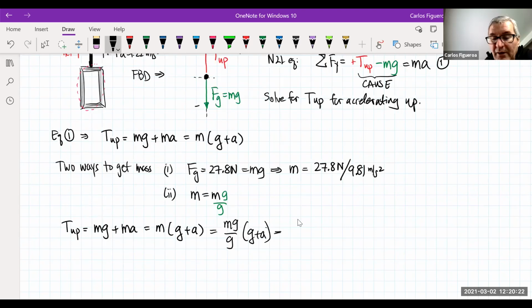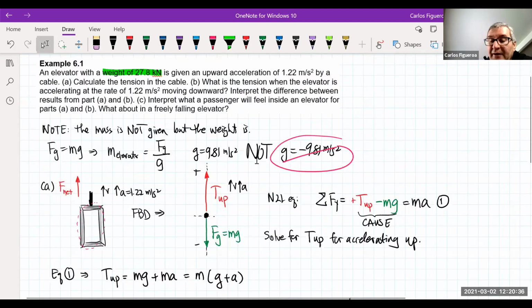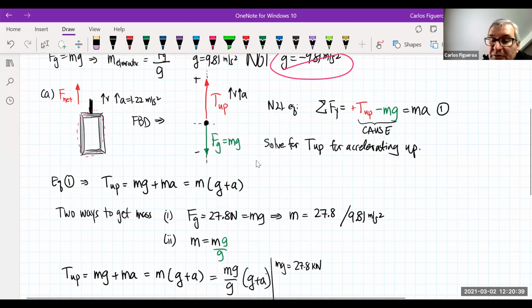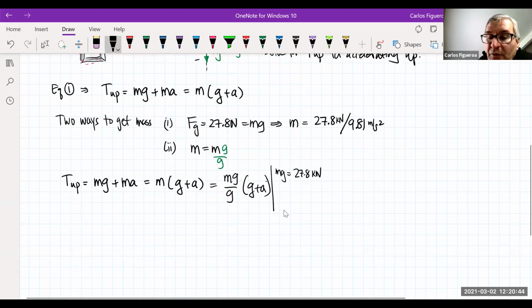So then, what do I know about this whole thing? Well, I know mg is 27.8 kilonewtons. It better be kilonewtons. It can't be newtons. I forgot to put in my kilonewtons right here. But remember, you have to be careful with the kilonewtons, because it's 27.8 times 10 to the 3 newtons. And then the acceleration is 1.22 meters per second squared.